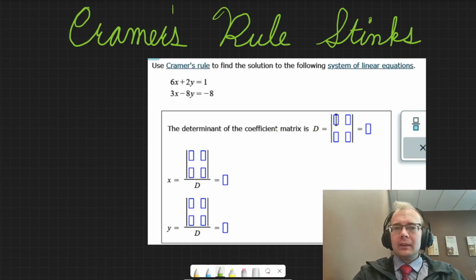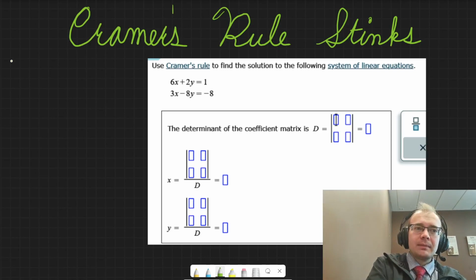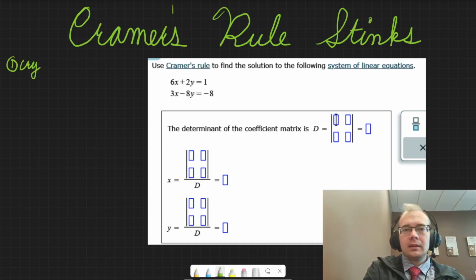If we want to find out what x and y are using Cramer's rule, we have to find out what the determinant of the matrix is first. So, in order to do that, we have to follow the steps. Step 1, cry. That's step 1.